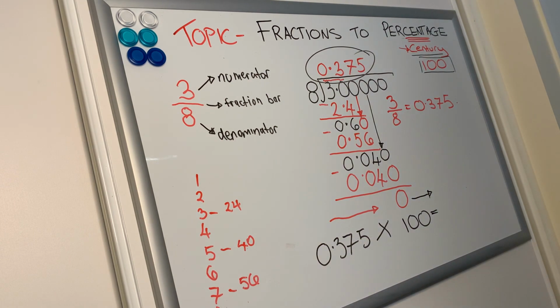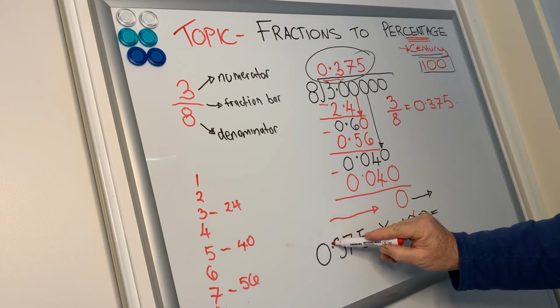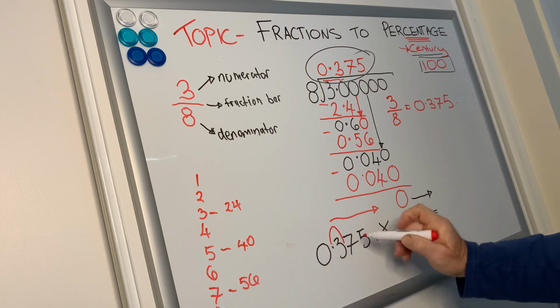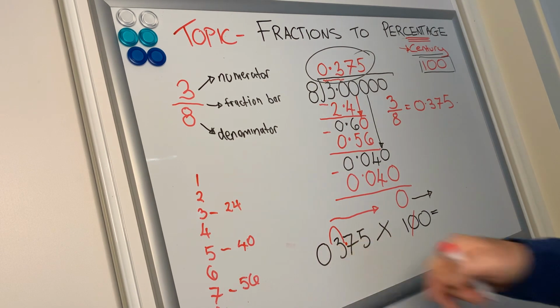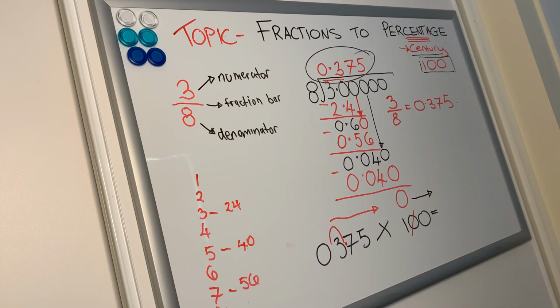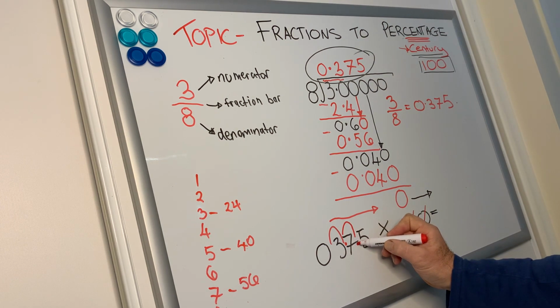So let's go through this. Let's cross out this first zero. When we cross out this zero, this decimal point will now go in there. I like to remove that decimal point so we don't forget it. Then we cross this zero, and move that decimal point in there.